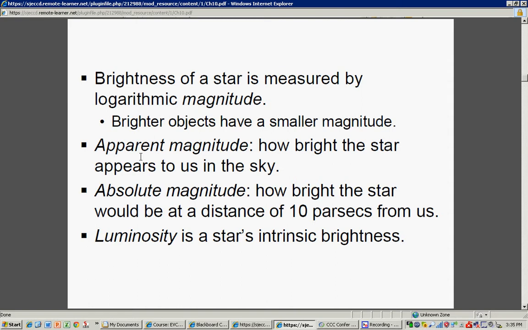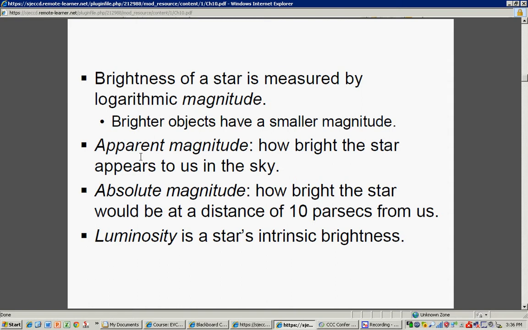What boils down to you is that on the brightness scale in astronomy, the smallest number represents the brightest object in view.